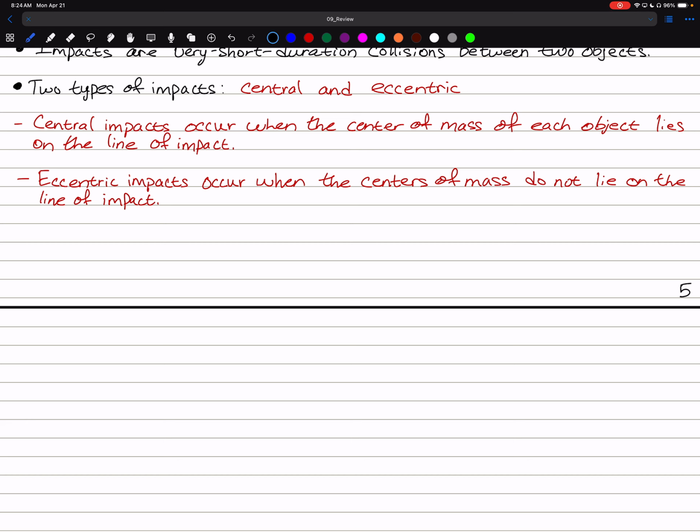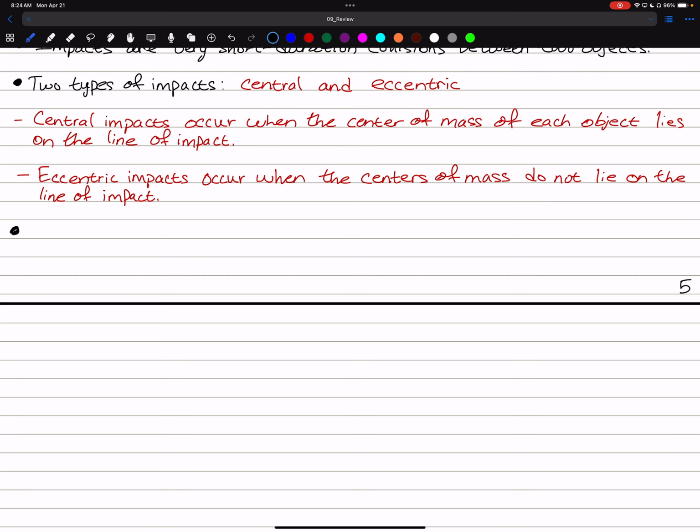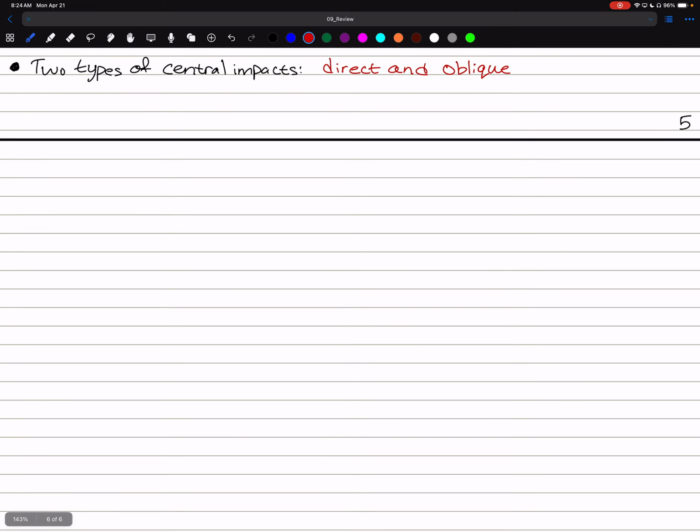Right. There are two types of central impact. There's what we call direct and oblique. And we'll illustrate what each of these are with diagrams. So we'll put direct here, and then we'll put oblique over here.